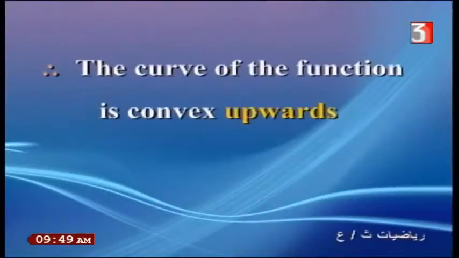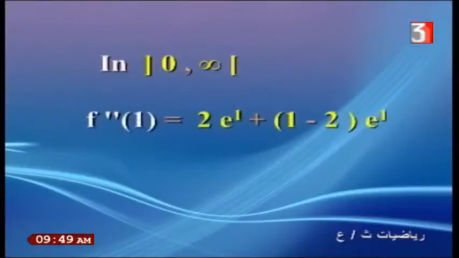The other interval, open 0 to infinity. We choose a number, say 1, which belongs to the open interval 0 and infinity, and substitute in f double dash x. Then f double dash 1 equals 2e power 1 plus (1 minus 2) multiplied by e to the power 1.